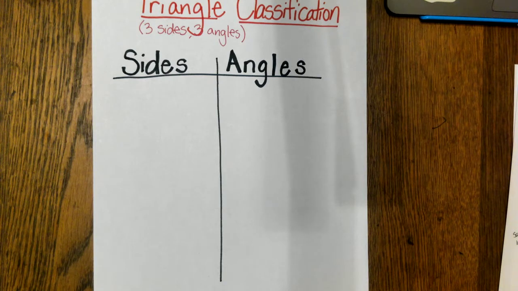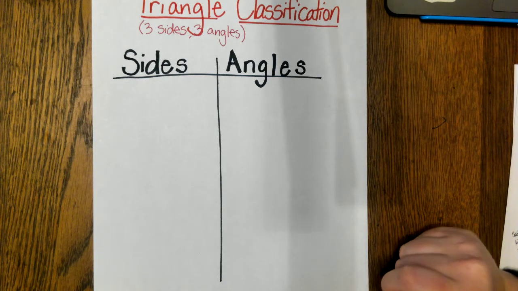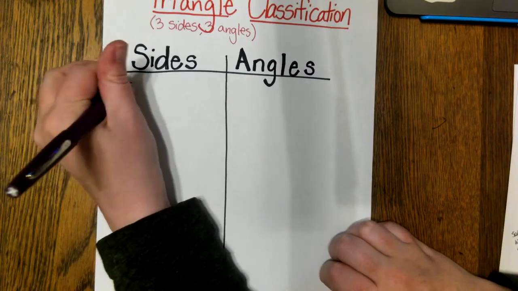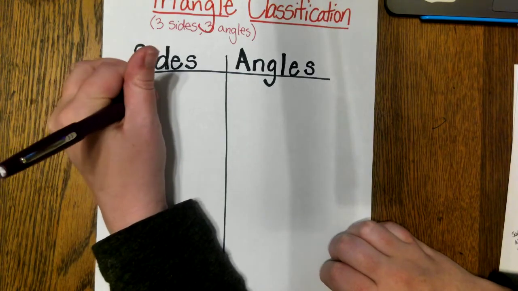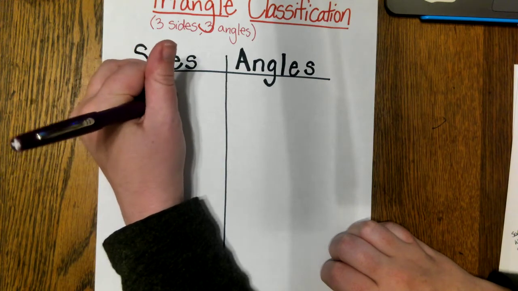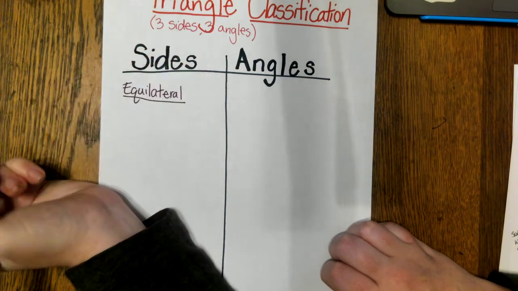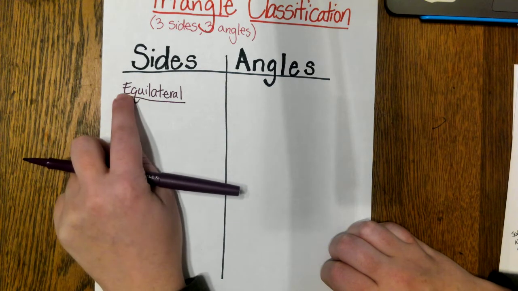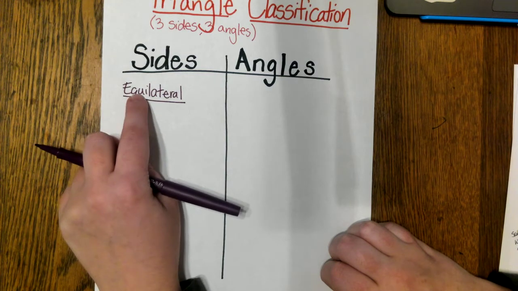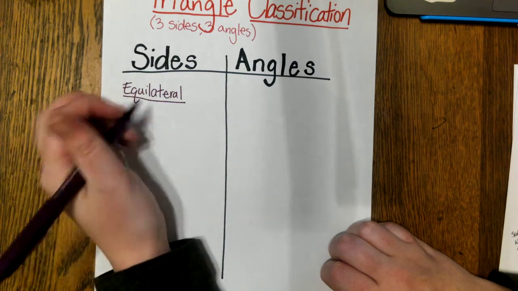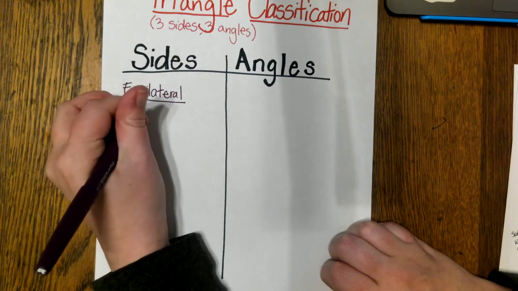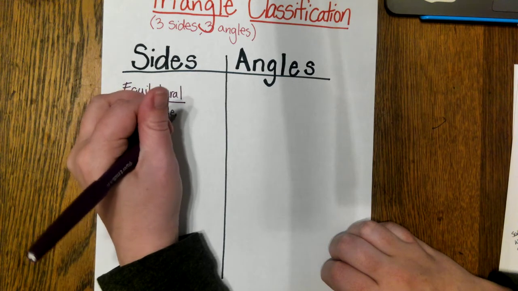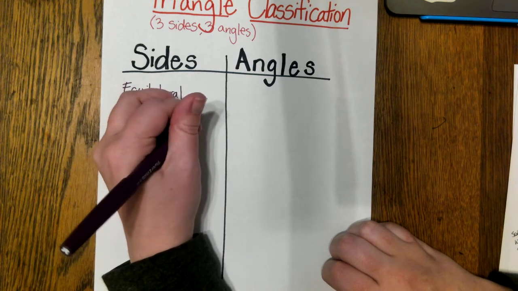If a triangle has 3 equal sides, we call it an equilateral triangle. Inside the word equilateral is the tiny word equal. That's a prefix that means equal. Equilateral triangles have 3 sides equal.